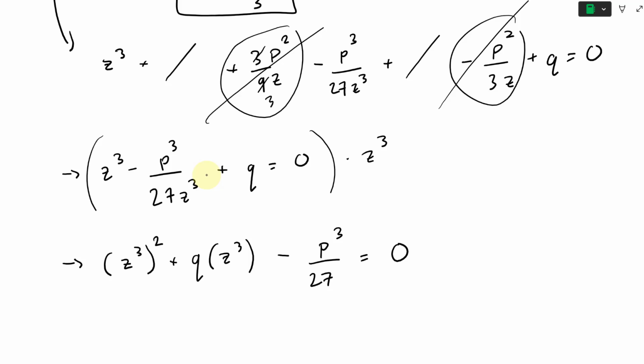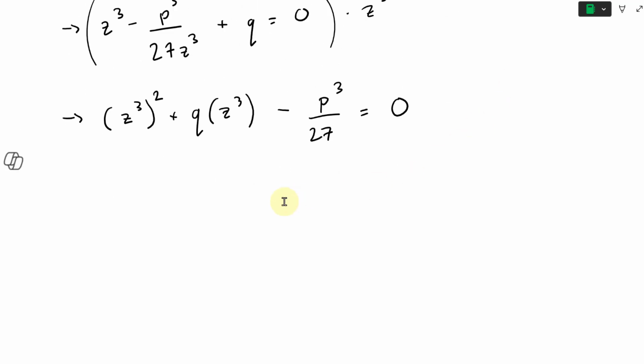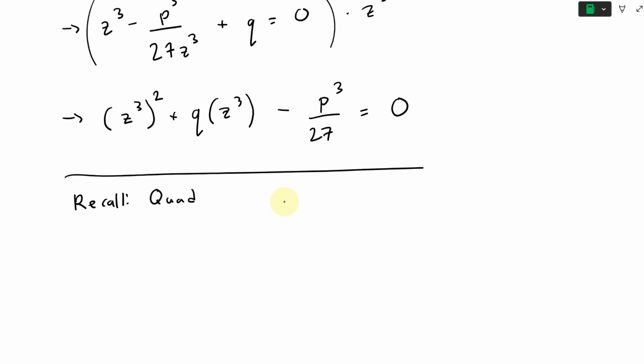Now this is a quadratic equation. And we could see this if we recall the quadratic equation in the PQ format. I'll do capital P, because we already have lowercase p over there.